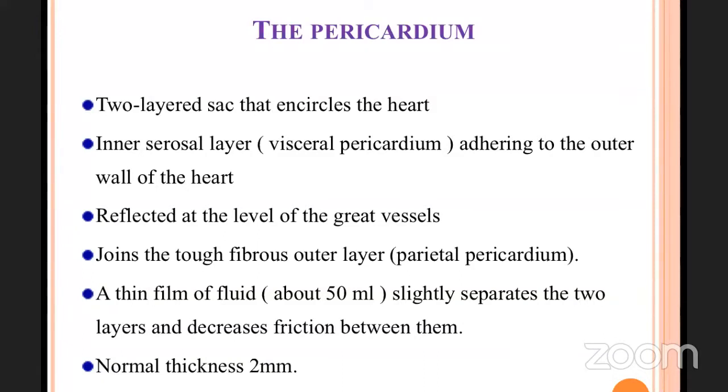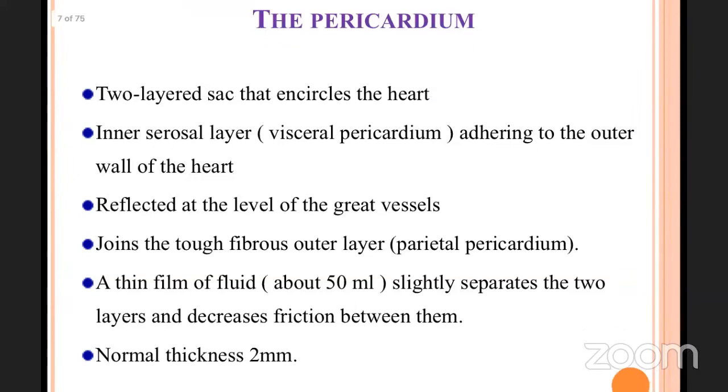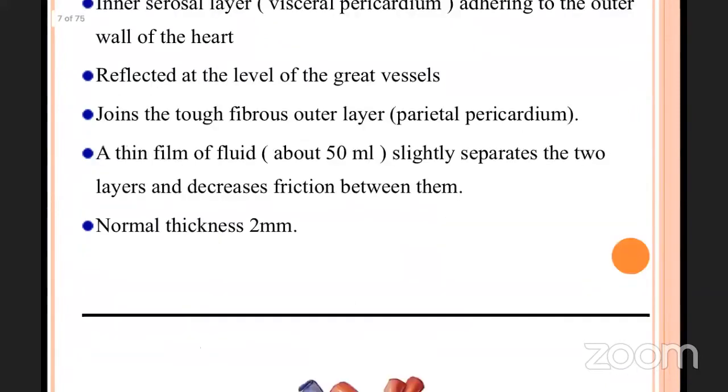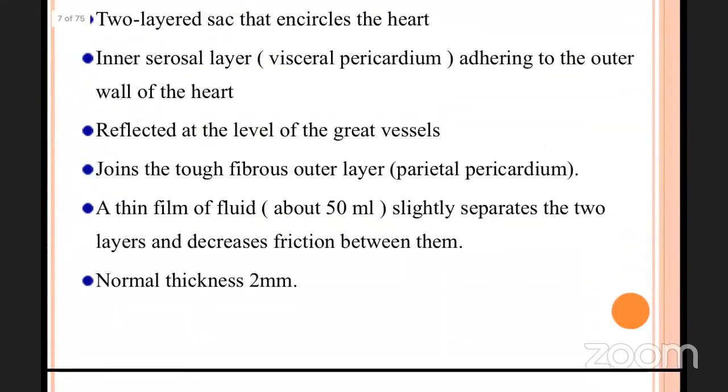And it is worthwhile remembering that one of the causes of persistent symptoms and persistent functional abnormalities is probably residual constriction, because the visceral pericardium has not been removed. And it is worth remembering that the normal pericardial thickness is approximately 1.5 to 2 millimeters by any of the imaging methods that we have.